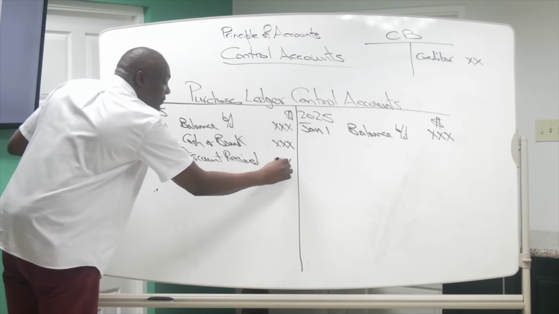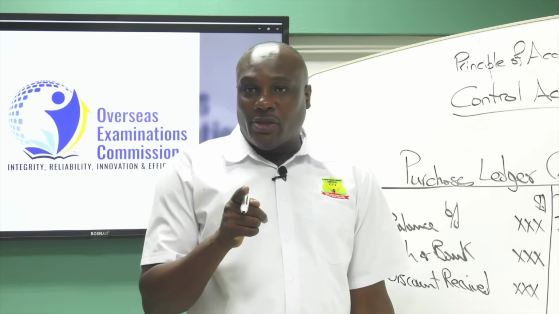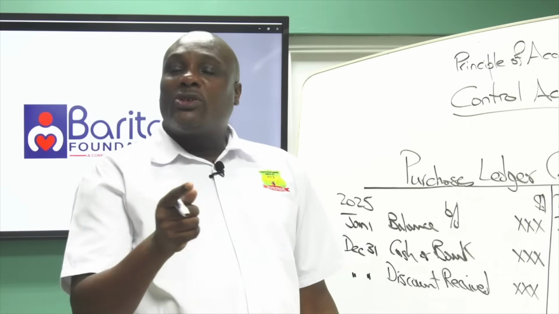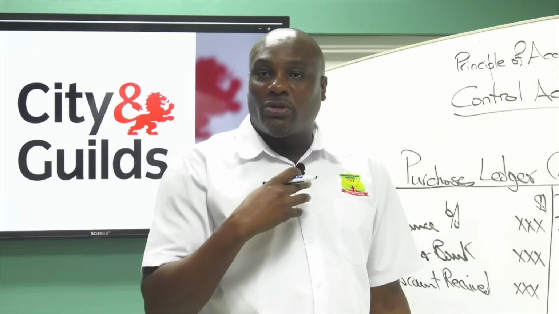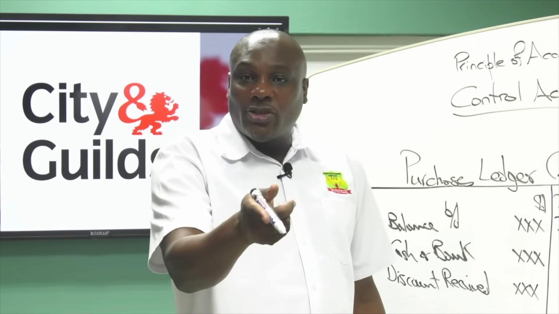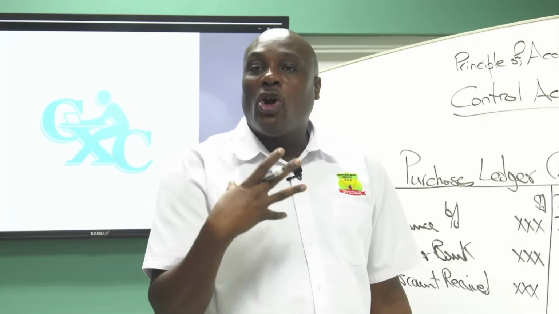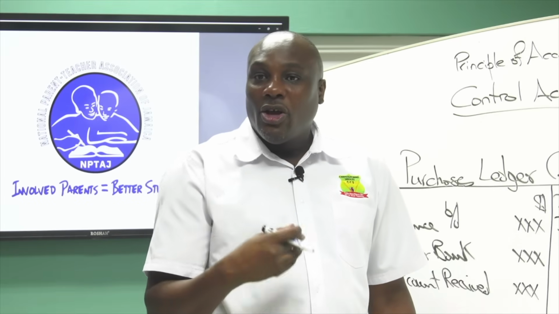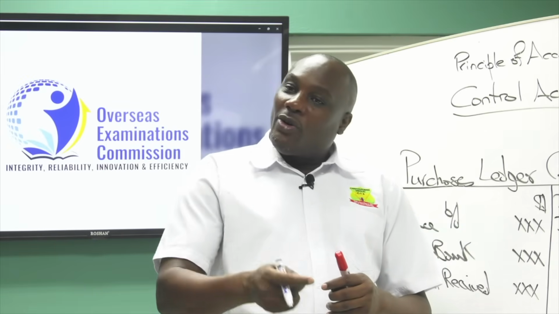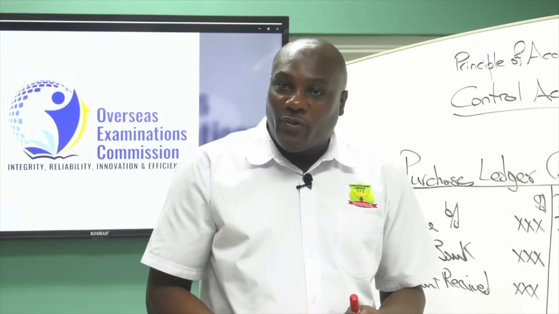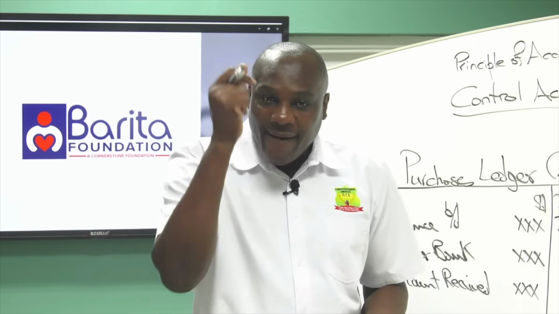Discount received. Discount received, students, is a revenue. Why so? Here's why. Discount received is where we, the business, were given a cash discount by the supplier on the basis that they are rewarding us for early payment. Because we owe them and we pay on time, they say, you know what, for your prompt payment, here's a little something.